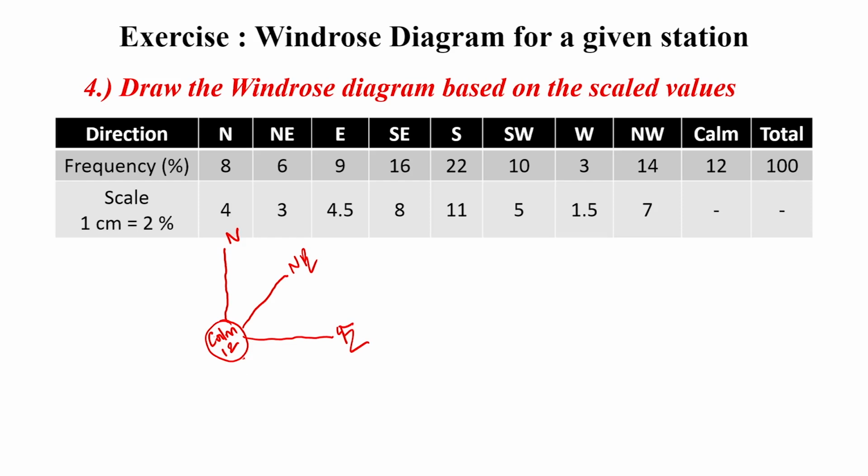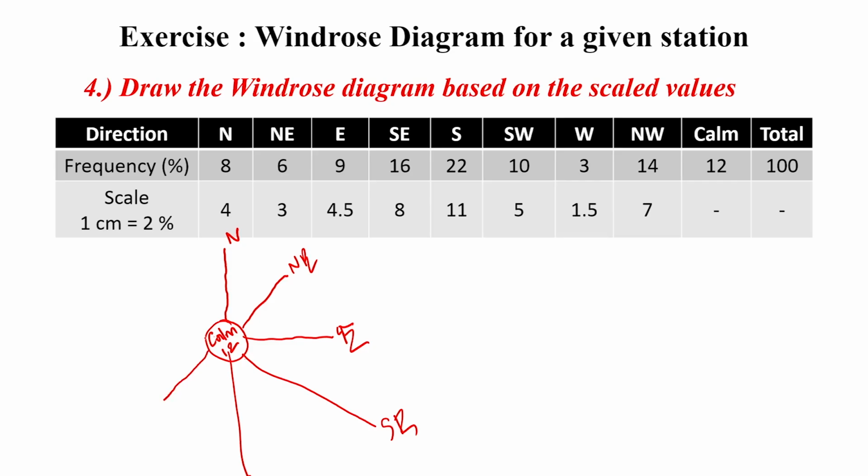So, you have your southeast direction, which is a bit bigger. Your south is much bigger, so I do not have space here. Your south is a bit bigger than this line, and then you go for your southwest direction, which is again 5.